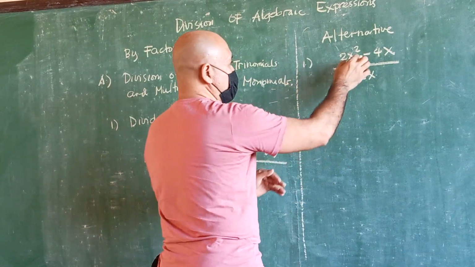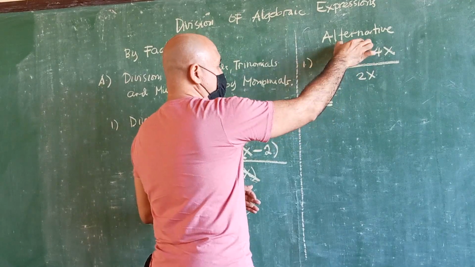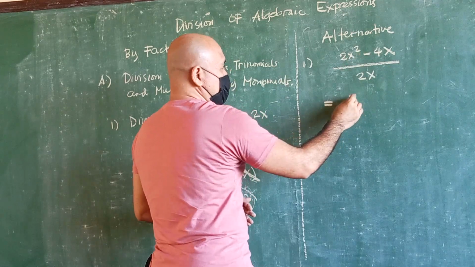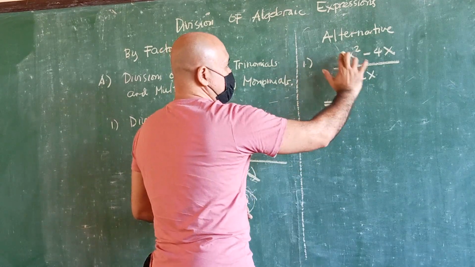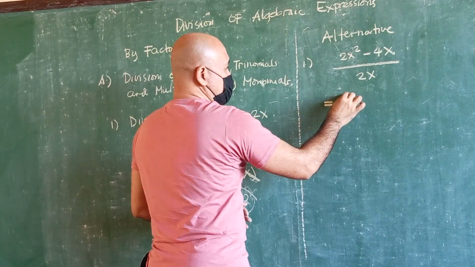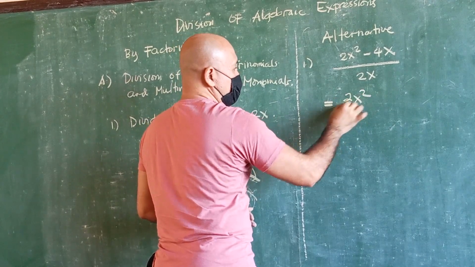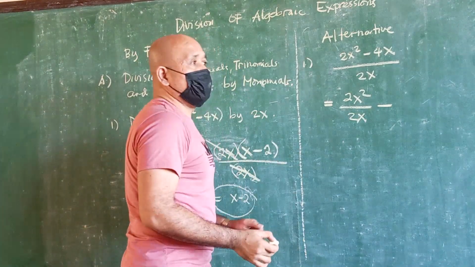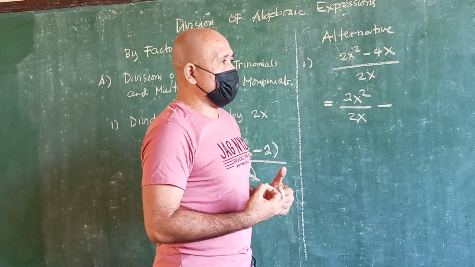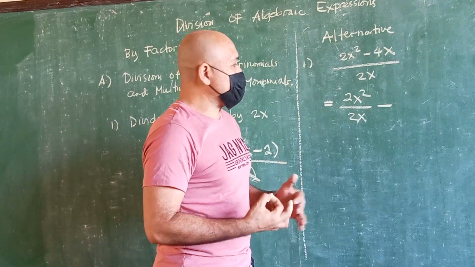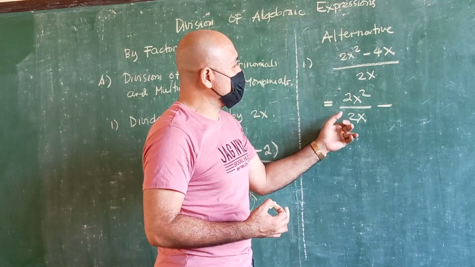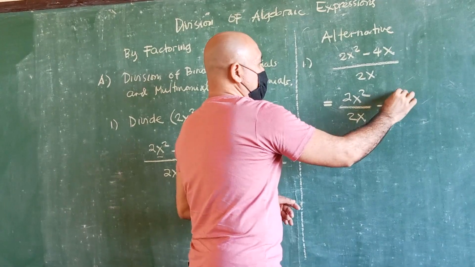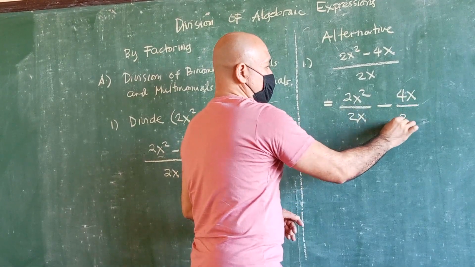Why is it 2? Because we are basing on the idea that the dividend or the numerator is a binomial. So that means you can break this given into two fractions, like this is the result, that is 2x squared over 2x, and then apply the idea of subtraction of fractions, where when subtracting fractions of the same denominator, similar fractions, just copy the common denominator and subtract only the numerators, and this will be 4x over 2x.